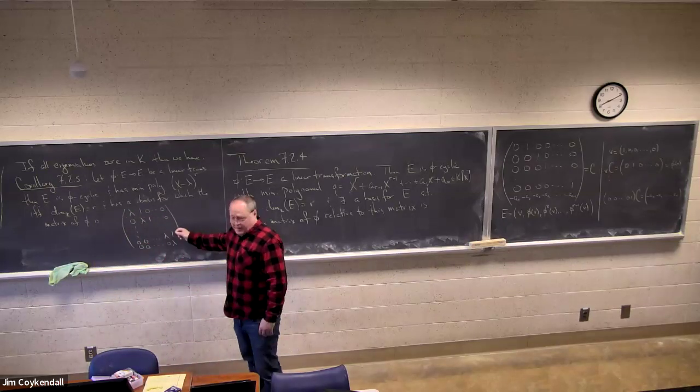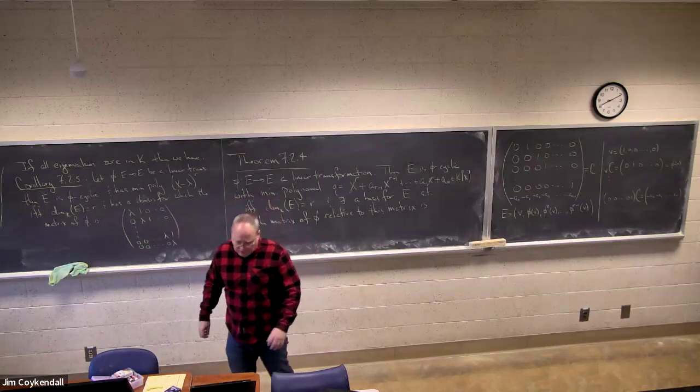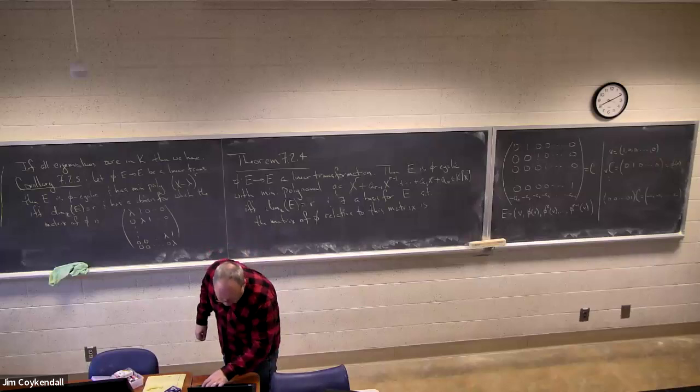And when the matrix takes this form, it's just called an elementary Jordan block.